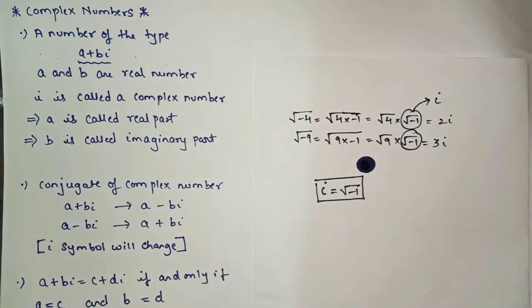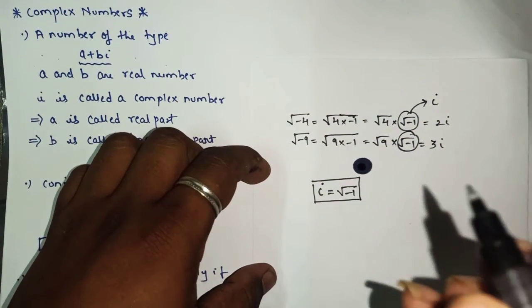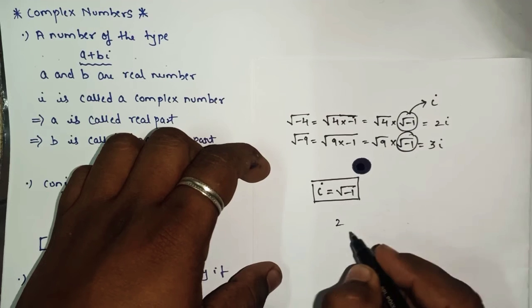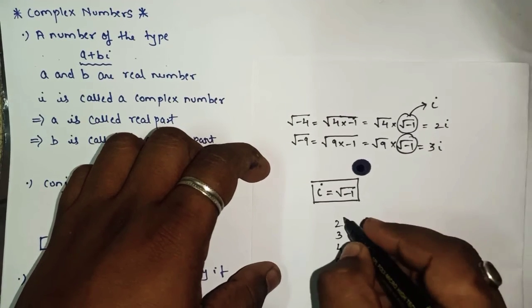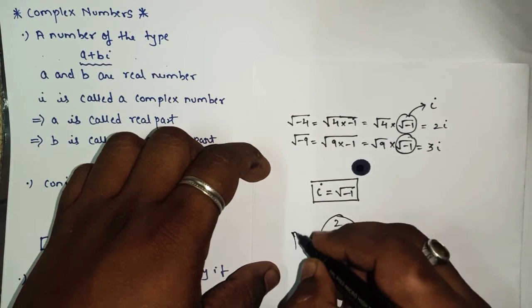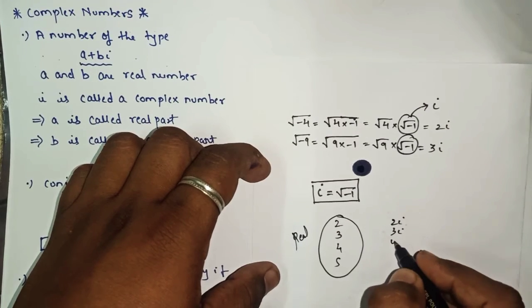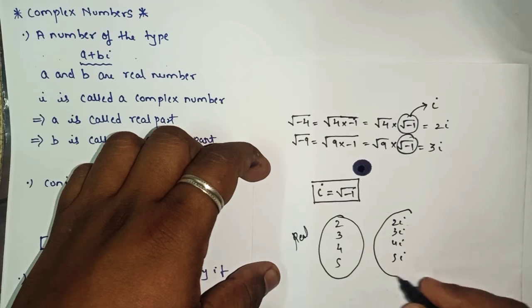Okay, the negative square root. The negative square root is known as what? I. And I is known as what? Imaginary number. And a number which contains I. Okay, suppose if you have only 2, 3, 4, 5, without I, it is known as a real number. In short, a number with I is known as what?